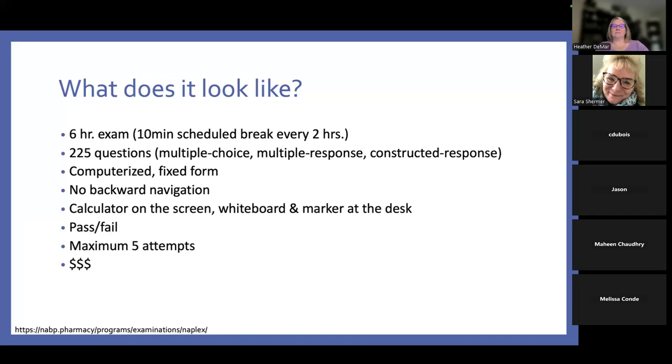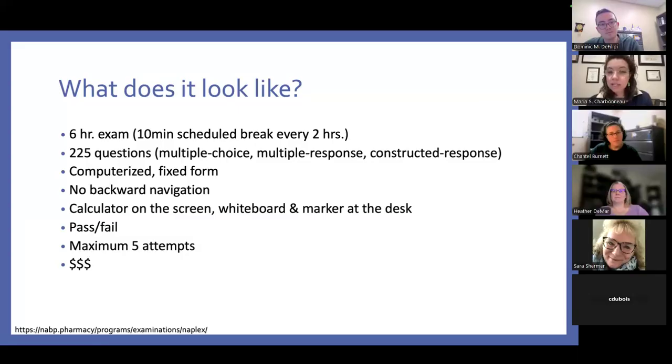Back in the day, the NAPLEX used to be adaptive, where if you got a question wrong, it then locked in on that section. These days it's fixed. The 225 questions that you get are the 225 questions that you get. And these questions are either multiple choice or multiple response, or you have to write in the answer.